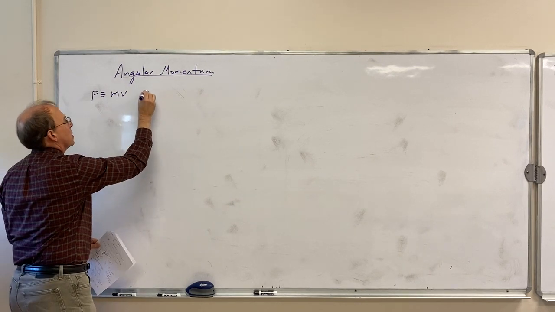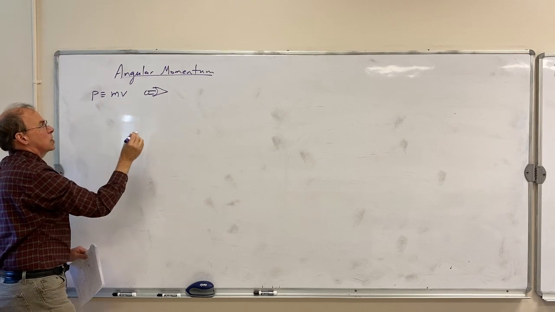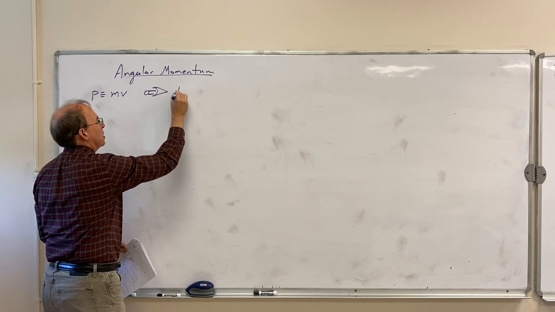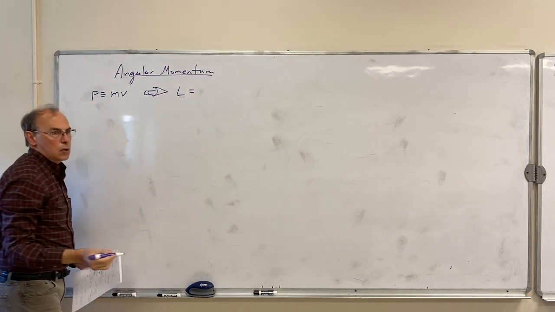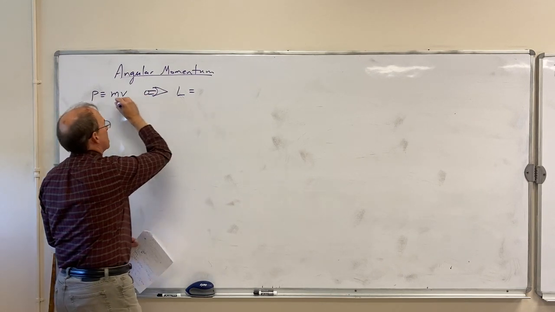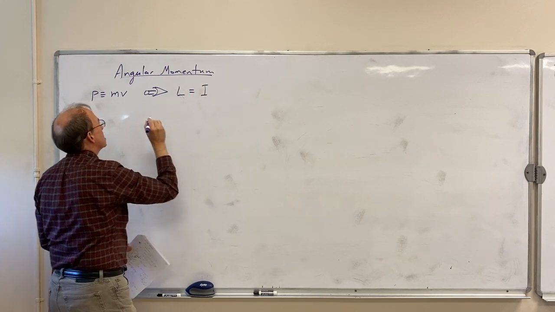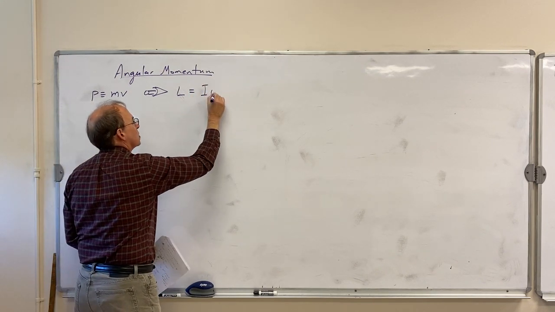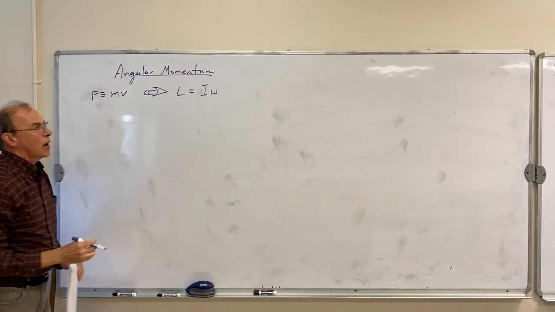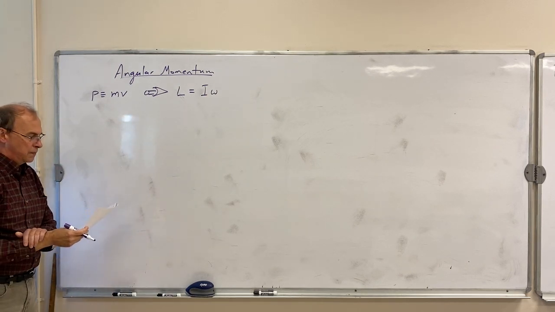So continuing our analogy, to go to rotational quantities, angular momentum is given the symbol L. I don't know why it's given the symbol L, but it is. Instead of mass, we use moment of inertia. Instead of velocity, we use angular velocity omega. So angular momentum is I omega.